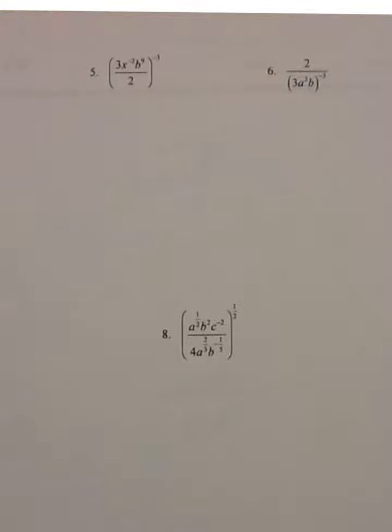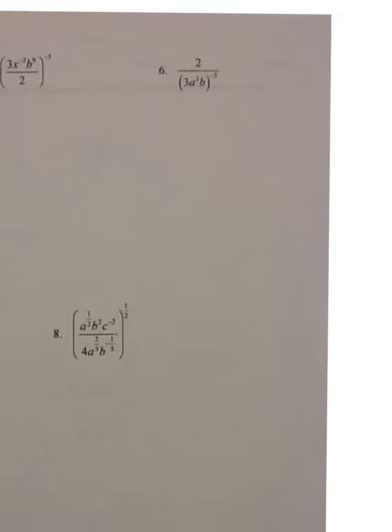These just take a lot of practice to get used to them. All right, so the only thing that's being raised to the negative 3rd power is everything that's in the denominator. So I have 2 over 3 to the negative 3, a to the 2nd to the negative 3, b to the 1st to the negative 3.